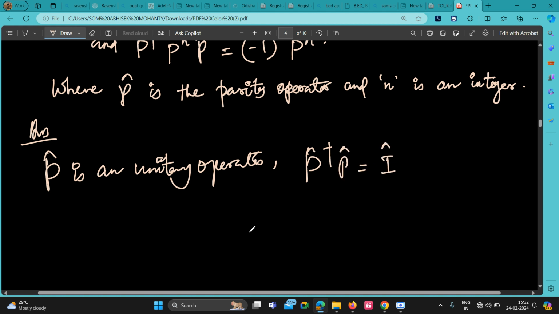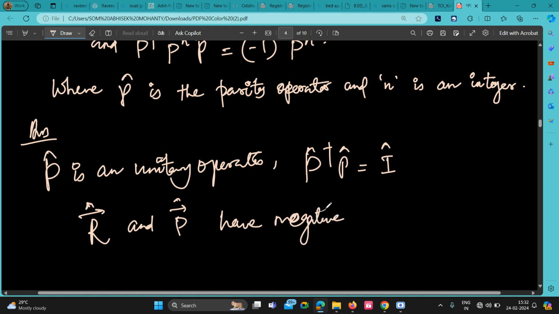So we can also use the fact that R and P have negative parity, isn't it? R and P have negative parity.